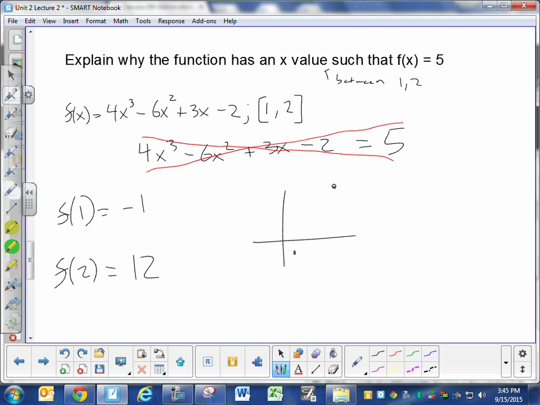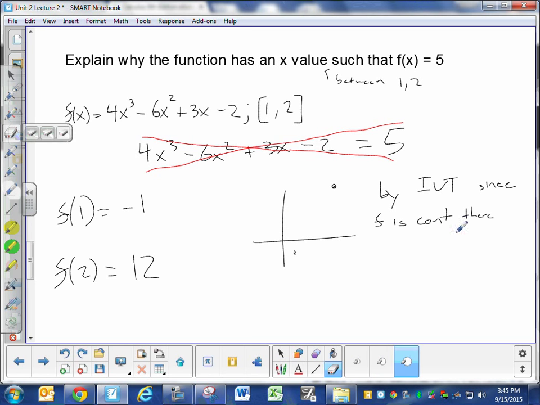That means I can comfortably say this statement, by the intermediate value theorem, since f is continuous. I know it's 3:45. Hold on. You have to say f is continuous, and f of 1 is equal to -1, f of 2 is equal to 12.